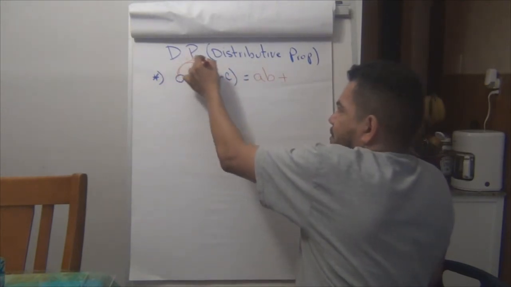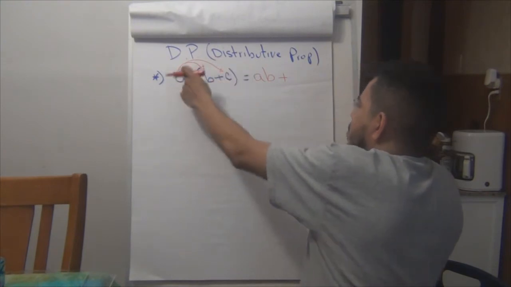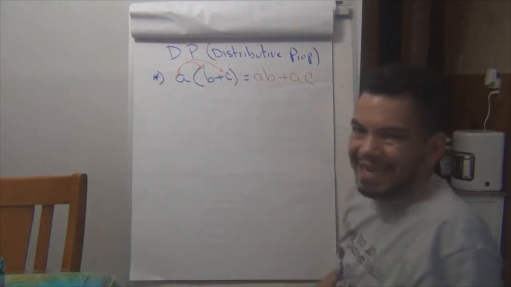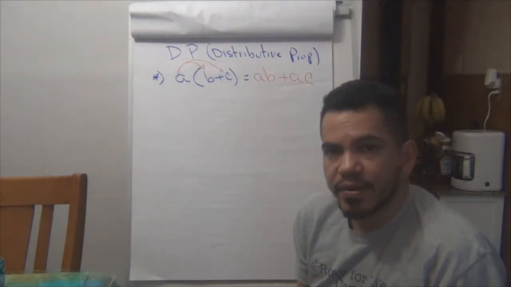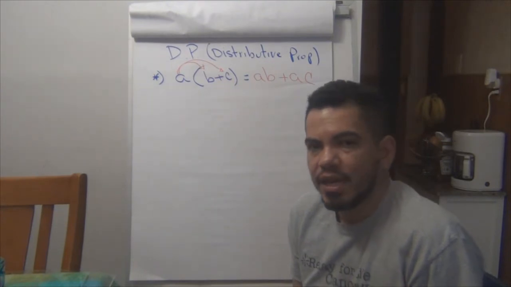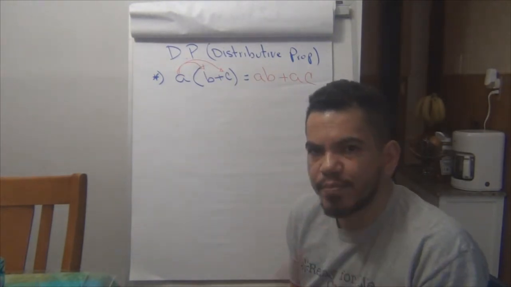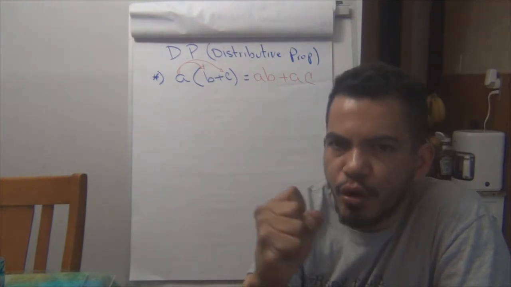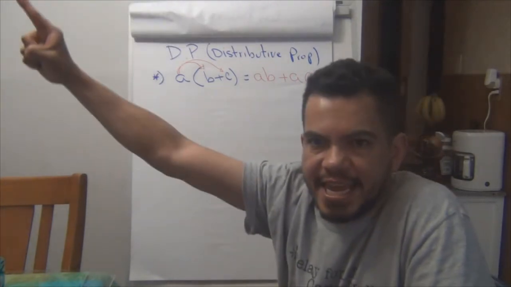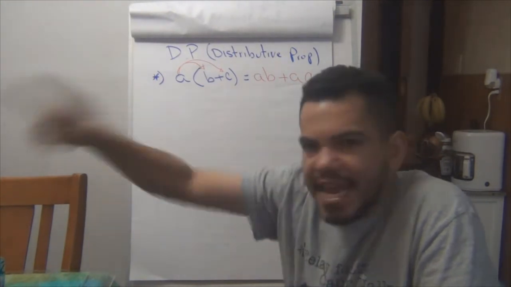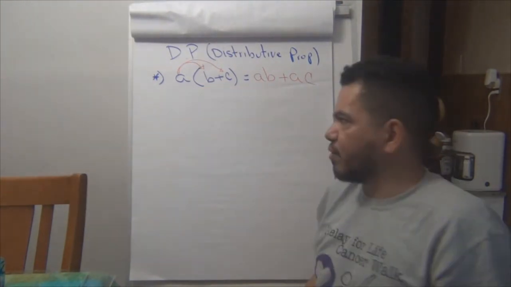And then we move on to the next term. So we have A times C is AC. Something very important for algebra: when you use the distributive property, every single term gets multiplied by everything else. In other words, everything times everything. I'm going to show you.